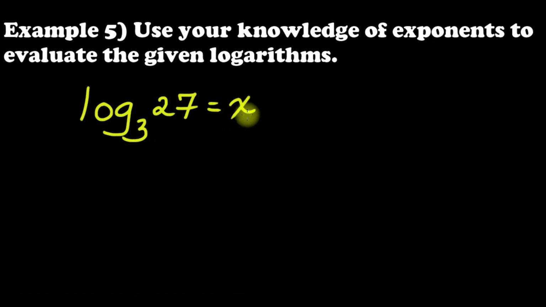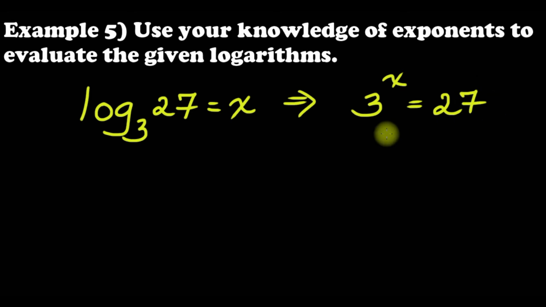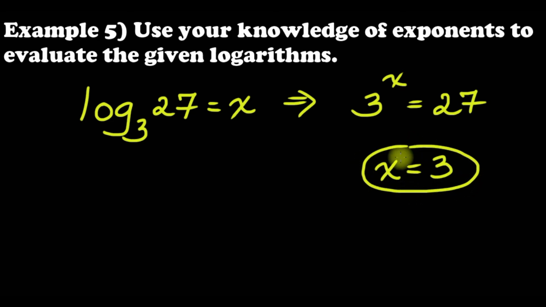So 3 to what power gives you 27? Because we know how to convert this to exponential form, we're just going to quickly do it. 3 is the base, x is the exponent, and that comes out to 27. So 3 raised to what power gives you 27? Your x here is going to be 3. So 3 to the third power is 27.